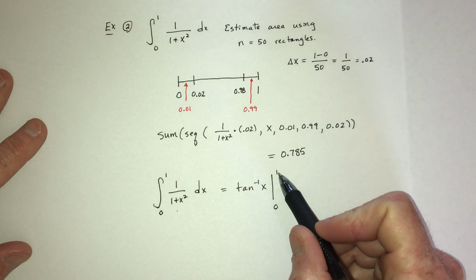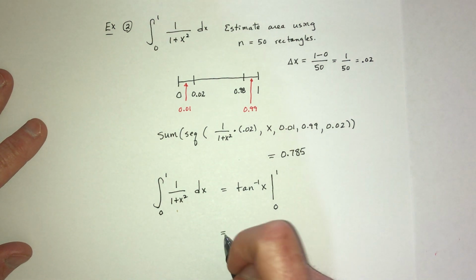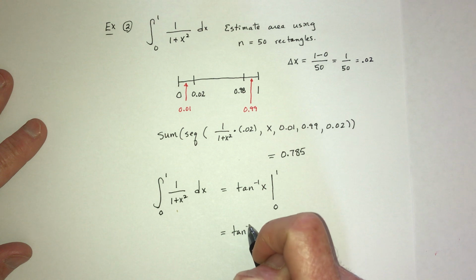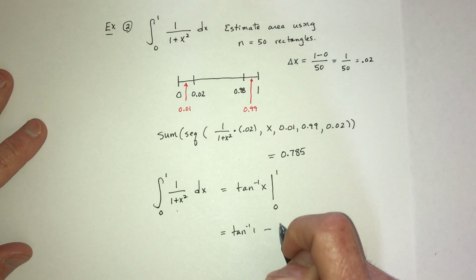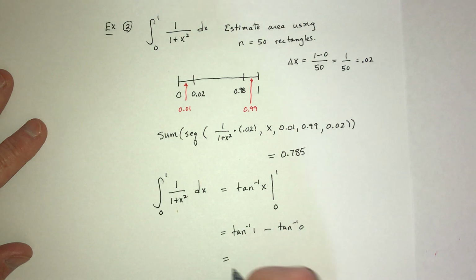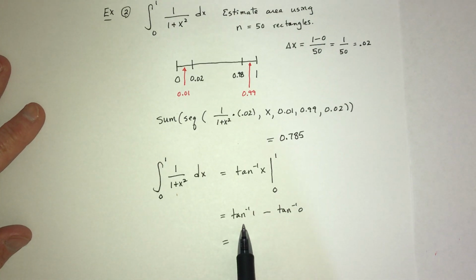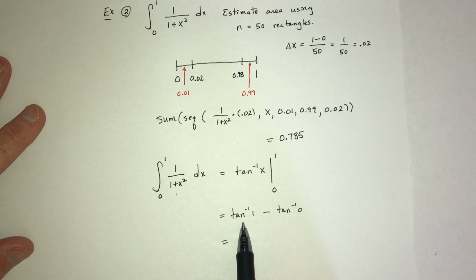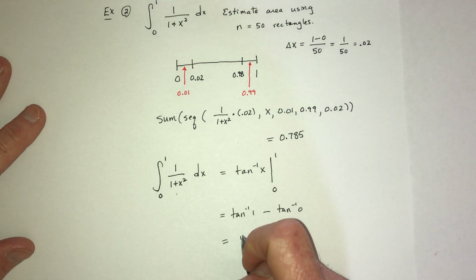Then you start at the top and plug that number in. So it's going to be tangent inverse of 1 minus tangent inverse of 0. And then do you remember tangent inverse of 1? You're right, that's pi over 4.